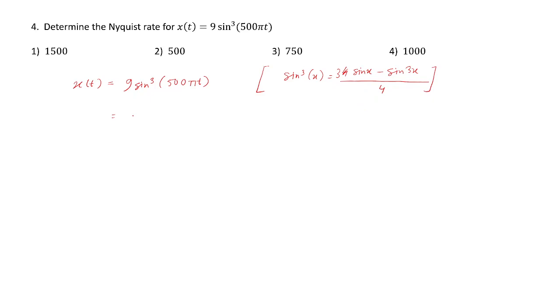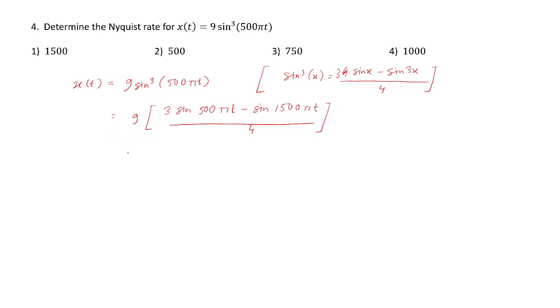So if I write that here, it's 9 times, basically this constant doesn't matter, but since it is given in the question, we'll consider it, 3 sine 500 pi t minus sine 1500 pi t over 4.